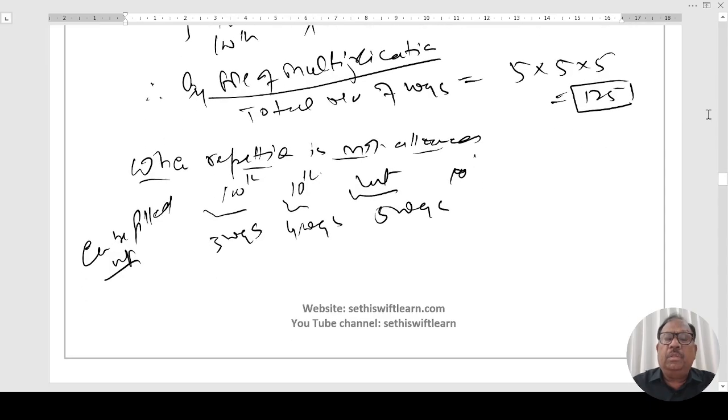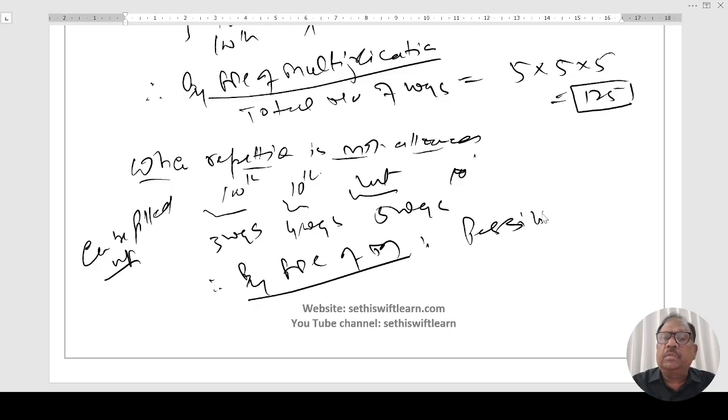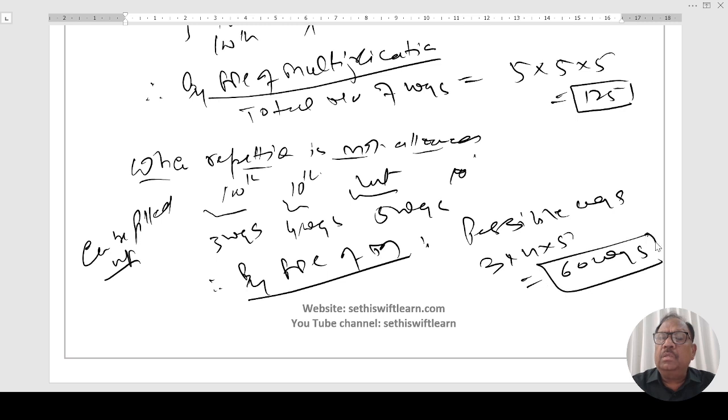Therefore, by FPC of multiplication, all sub-events will be multiplied: 3 into 4 into 5, that is 60 ways. That is the answer. This is the application of FPC of multiplication, when repetition is allowed and when repetition is not allowed. Next question.